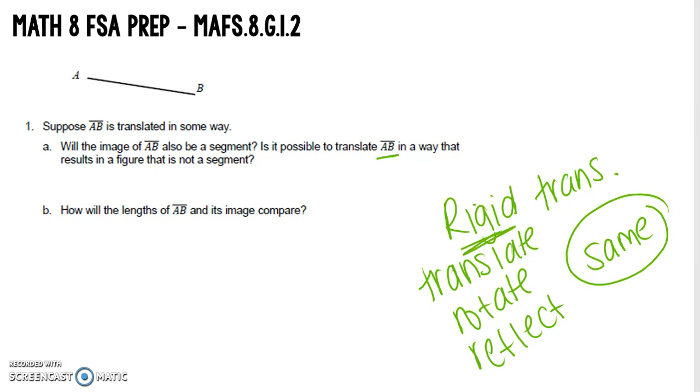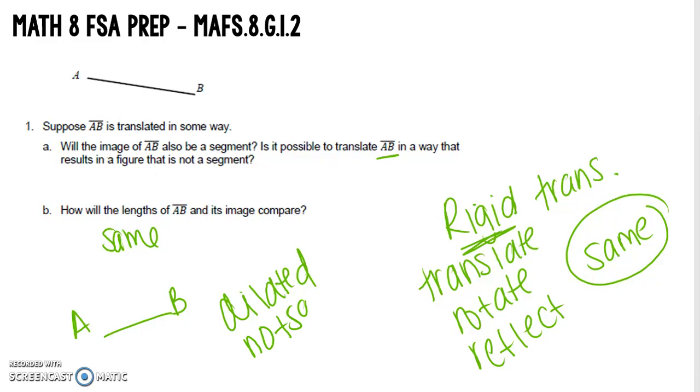So the lengths would be the same. However, if I took line segment AB and I dilated it, it would no longer be the same because now it has changed size. So whenever you translate or rotate or reflect a figure, that image will always be the same.